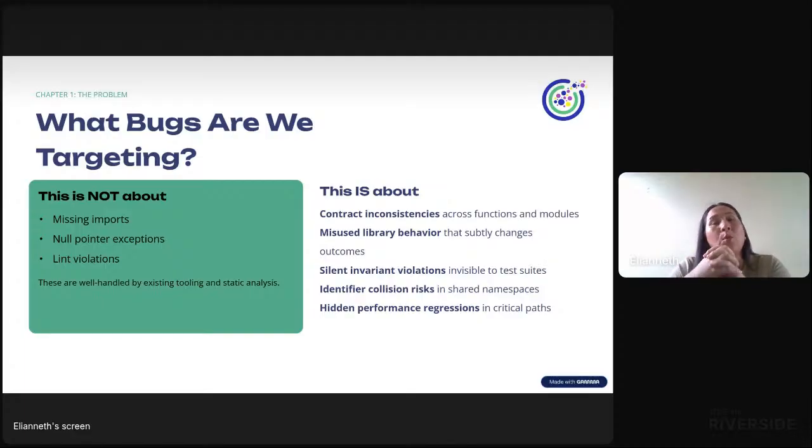We are going to focus on logic bugs, basically contract inconsistencies across different functions and models, misused library behavior, also silent invariant violations, identifier collision risks, and also hidden performance regressions in critical paths.